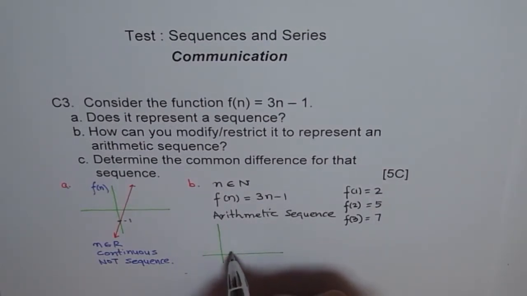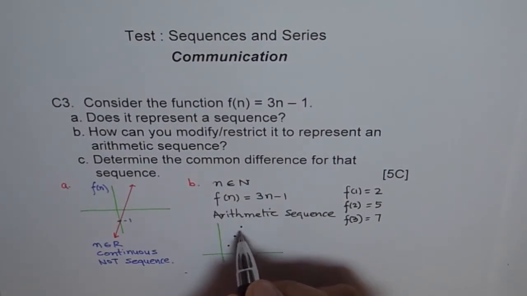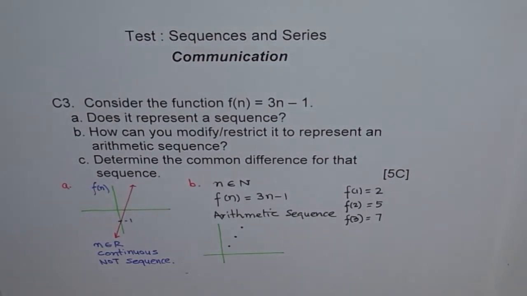So at 1, we'll have a value, let's say this is 1 and the value is 2. Then this is 2, the value is 5. This is 3, the value is kind of like this. So we will get these dots, discrete points on a graph, not continuous things. Do you understand? And this becomes a function for us.